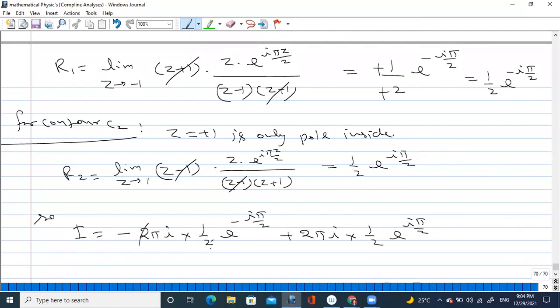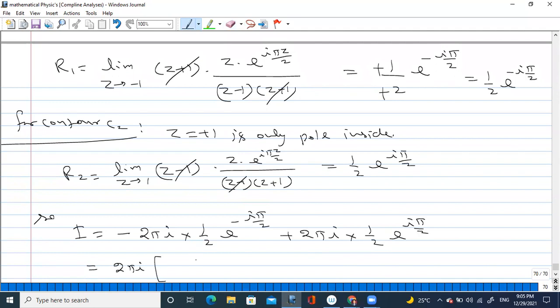So 2 and 2 cancel. i will be taken common. Or you can do one thing: because if I take e to the power i pi by 2 plus e to the power minus i pi by 2, divided by 2 will be required. So what you do, don't cancel it, just take common 2 pi i.